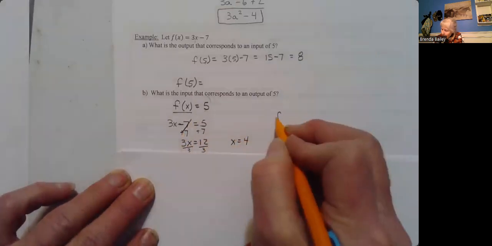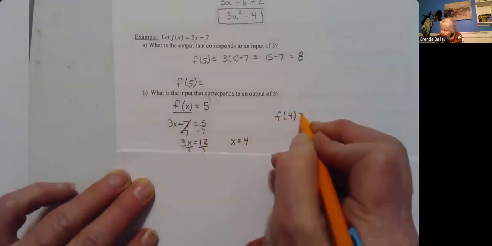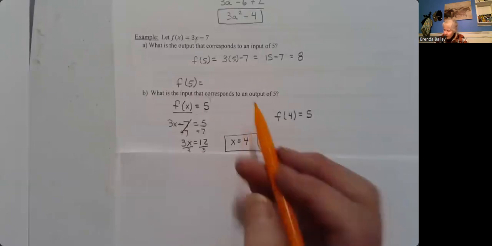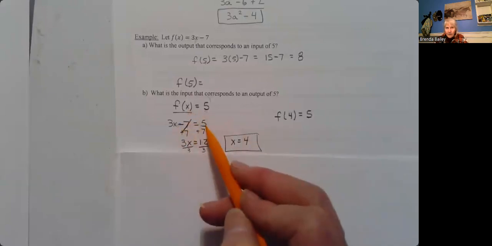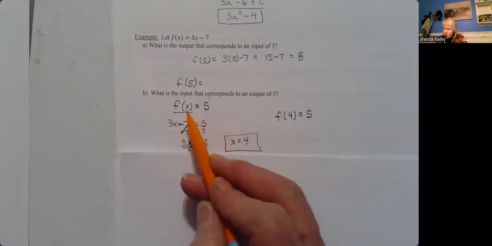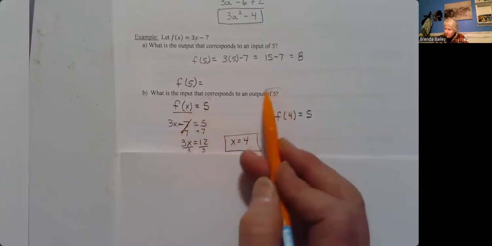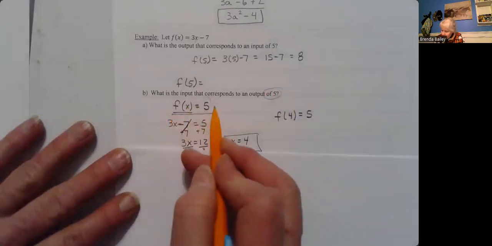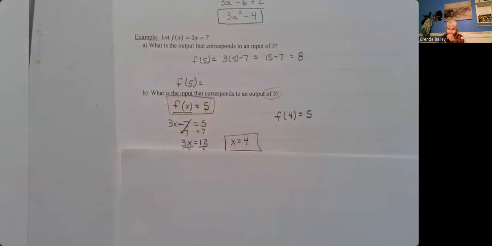So f of 4 equals 5. So they wanted the 4. So what is the input? What is the x that gives you a 5? And you just set the function equal to that output and solve it. A lot of times they write it like this, in function notation.